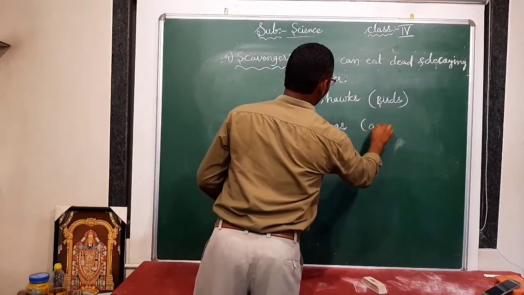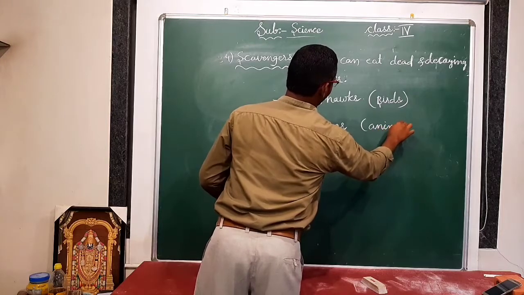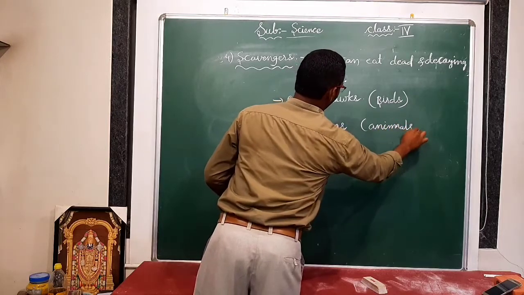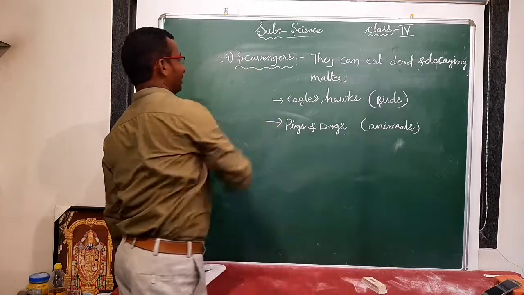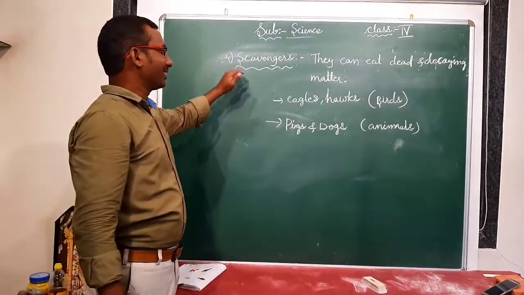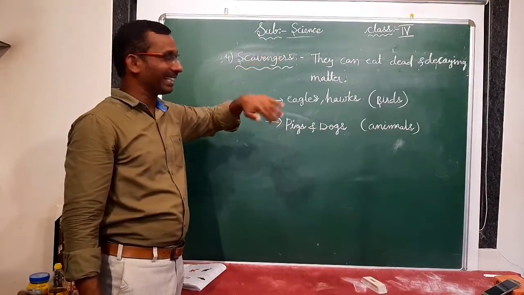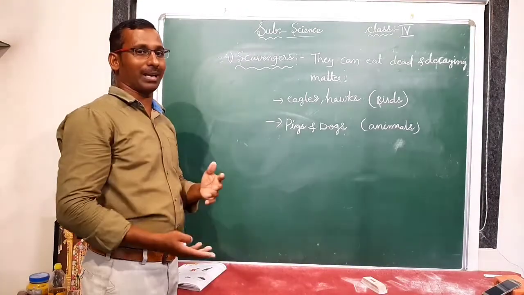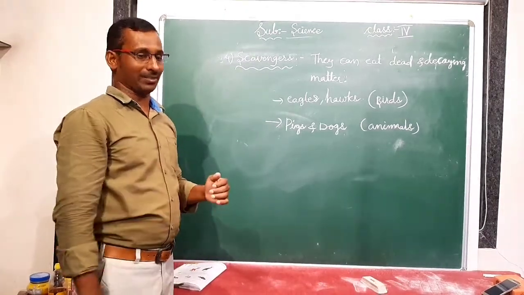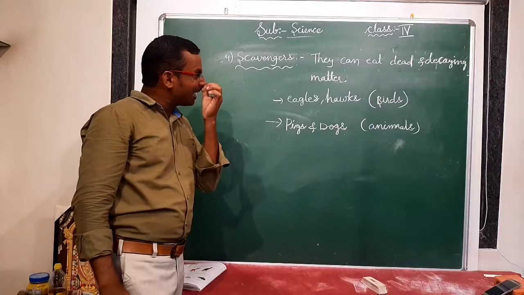These are examples for scavengers. Scavengers means they can eat dead and decaying matter, decaying animals or plants, whatever it is. They can eat dead animals.